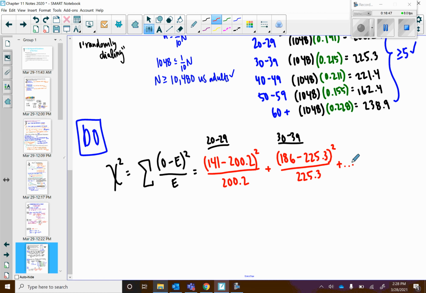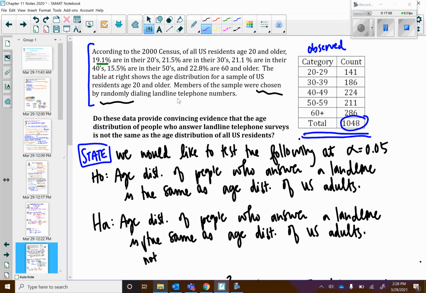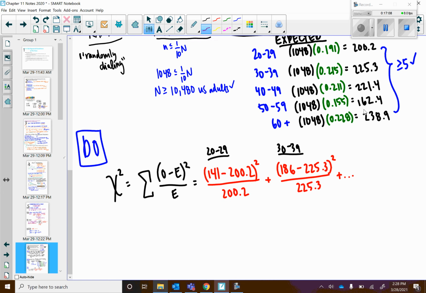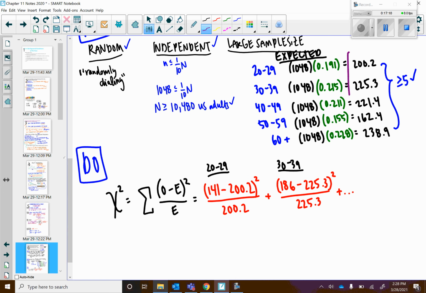We are going to use our graphing calculators to do this. So I will talk you through what we're going to do, but I can't show you because I don't have the calculator function on this laptop. I apologize. But I'm going to start by plugging in my observed into list 1 and my expected into list 2.